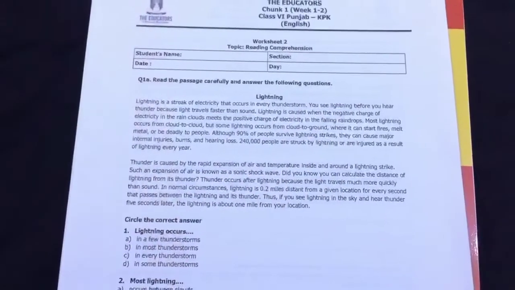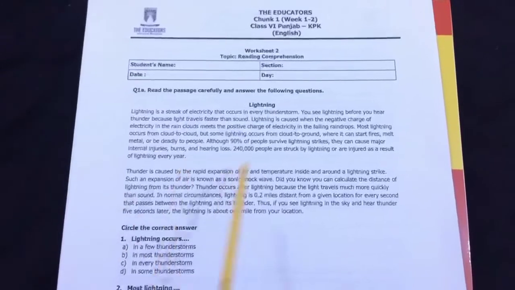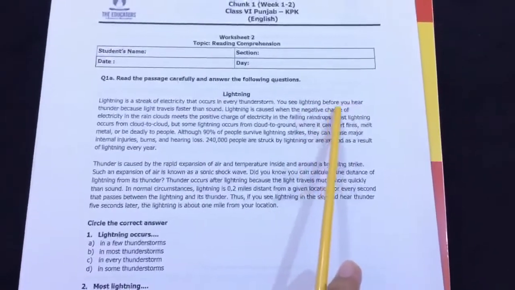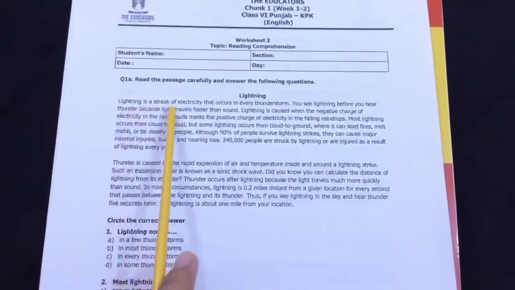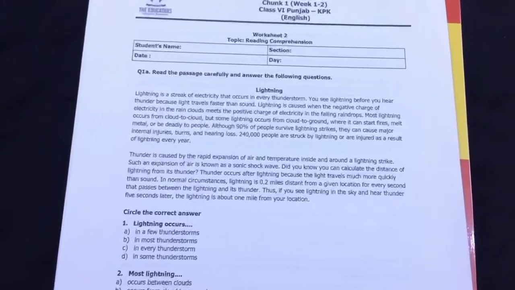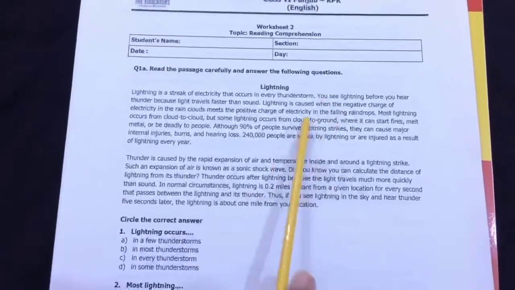Whenever we see lightning, after a few seconds we hear a thunder. The speed of light is much faster than the speed of sound, so we see the light first, and after that we hear the thunder.